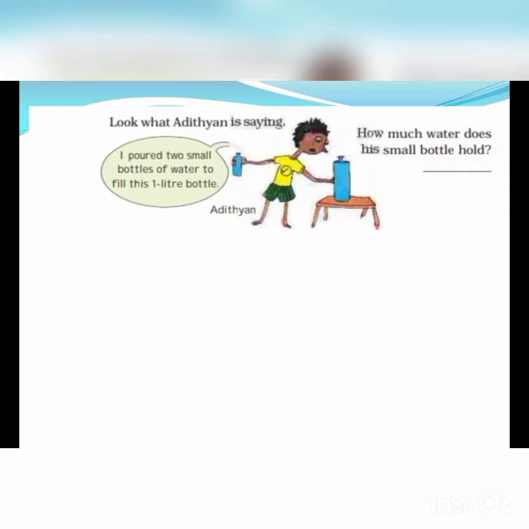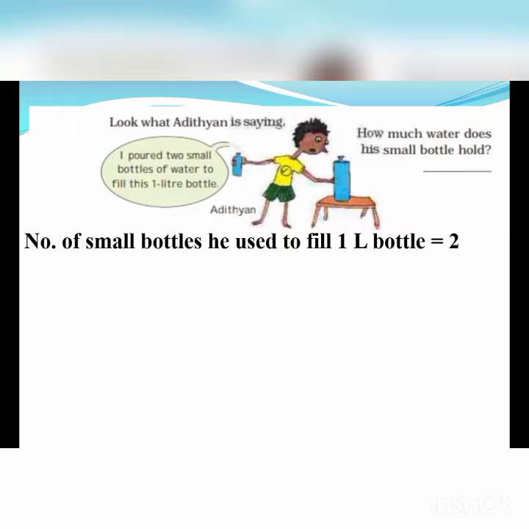Let's proceed further. Look what Adityan is saying. I poured 2 small bottles of water to fill this 1 liter bottle. How much water does his small bottle hold? Let's solve together. Number of small bottles he used to fill the 1 liter bottle: yes, 2.